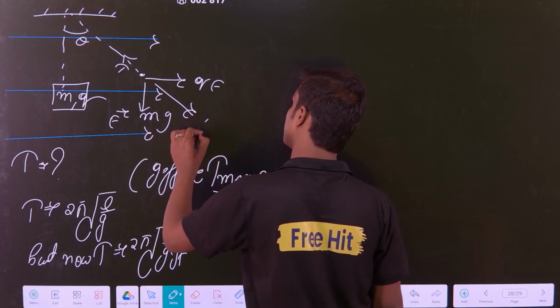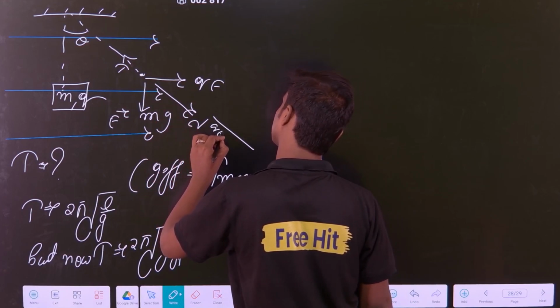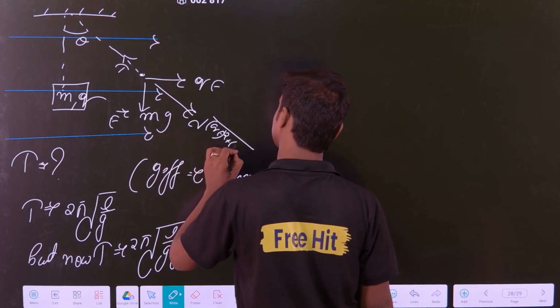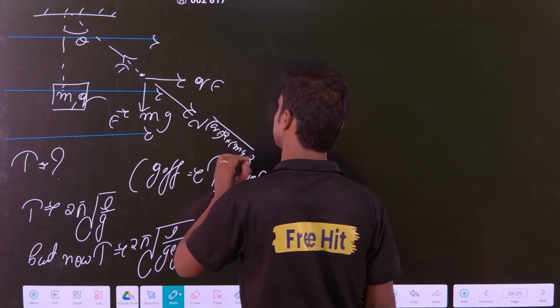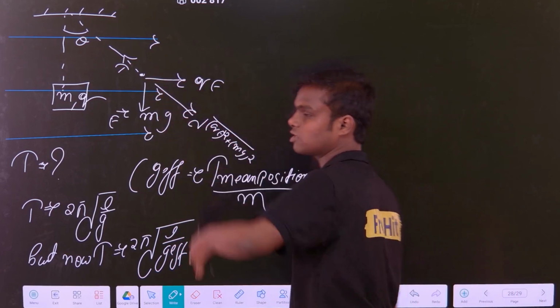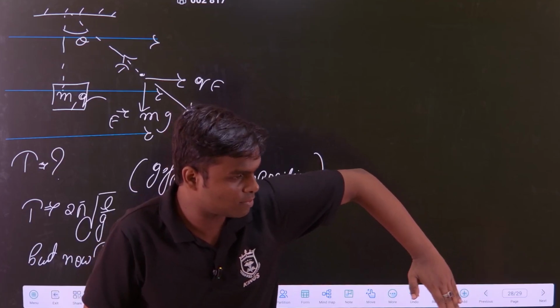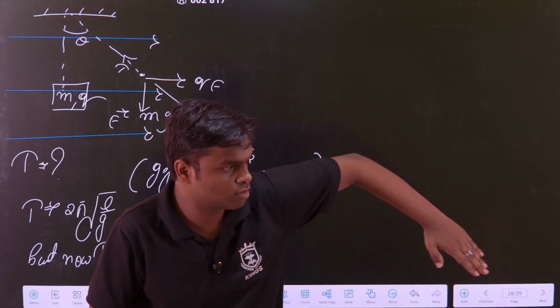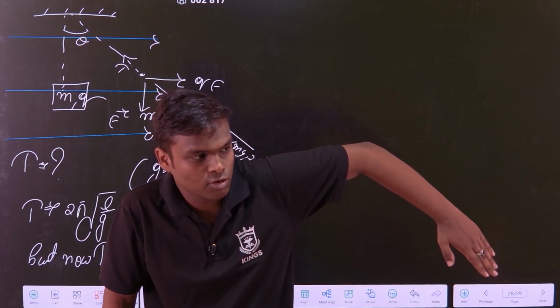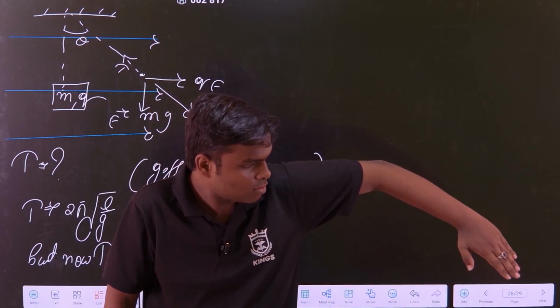My net force will be under root of (QE) square plus (mg) square. If you know the net force, that will be my mean position, because now it will stop in this position, not in the earlier position. I hope it is visible to you.